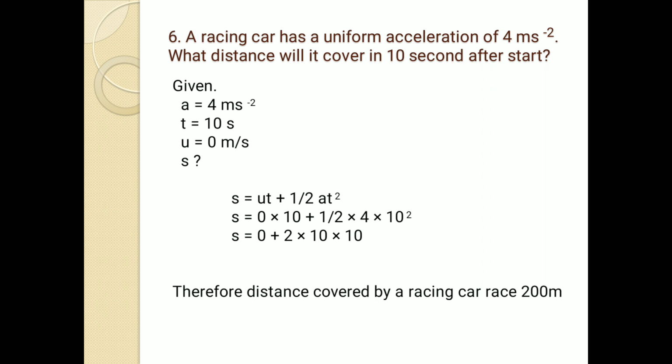So 2 into 10 into 10 is 200. Therefore, the distance traveled by the racing car is 200 meters. Is it clear? So 200 meters is the distance traveled by the racing car after 10 seconds. Is it clear? So these are very easy sums. Only thing is you have to collect the data properly.